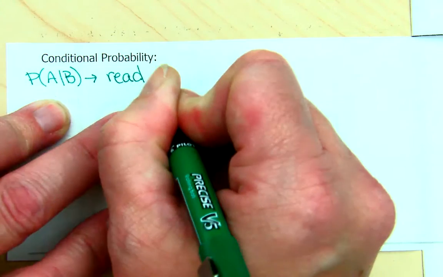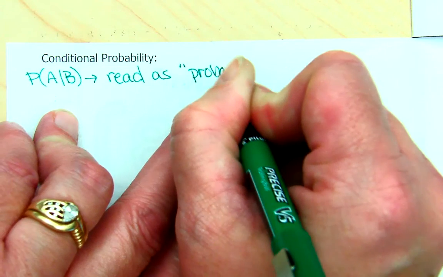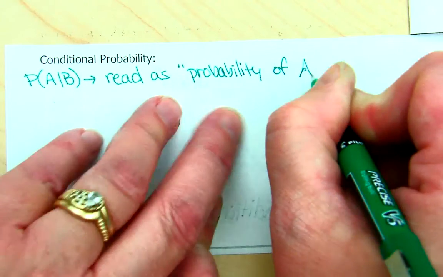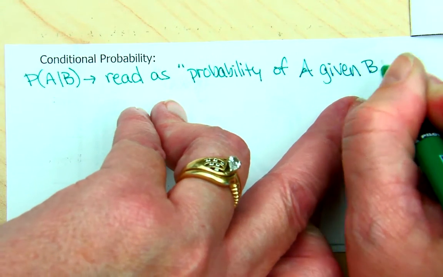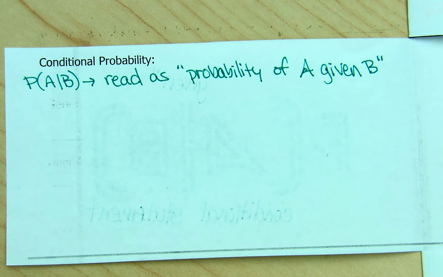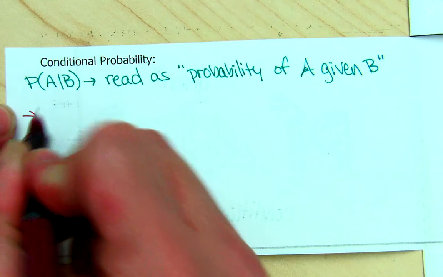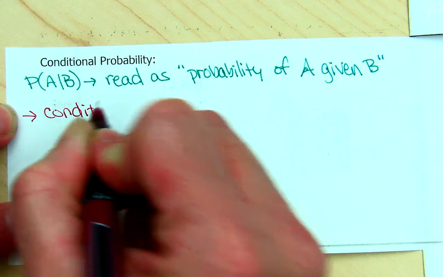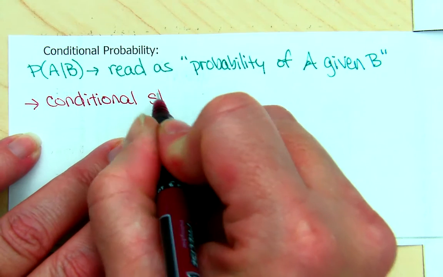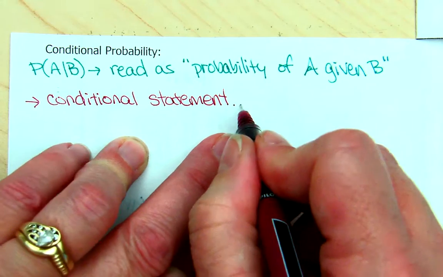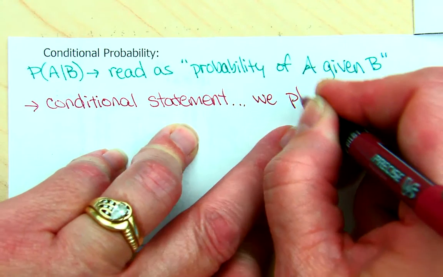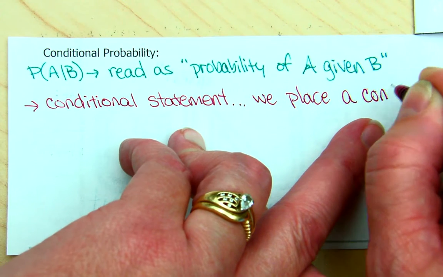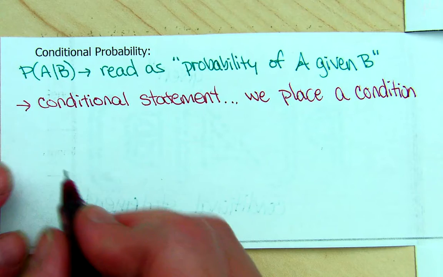So you would read this as probability of A given B. So as we said, this is a conditional statement, which means we place a condition that must be met first.